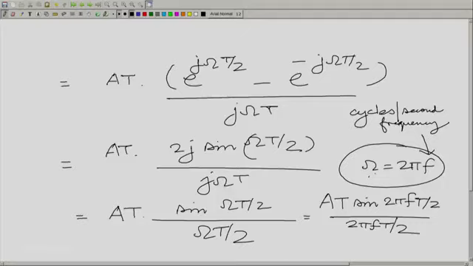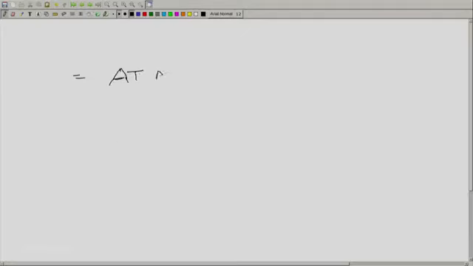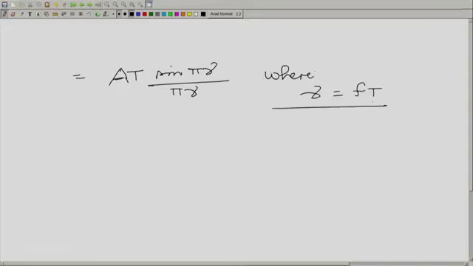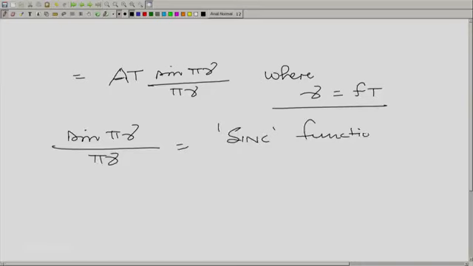So, the expression that we have here is a T sine of pi gamma divided by pi gamma, where gamma is f T. Now, this function sine pi gamma by pi gamma is called the sinc function.